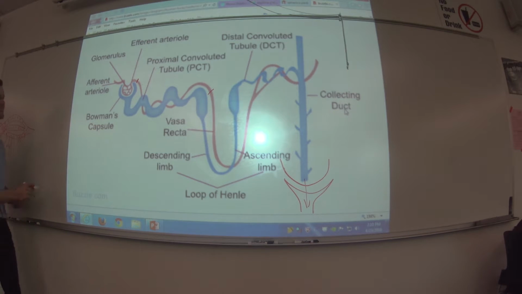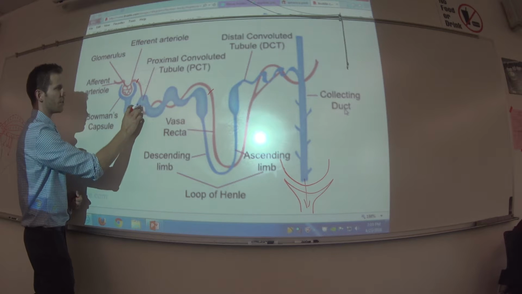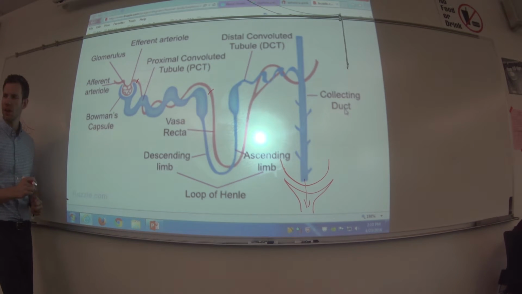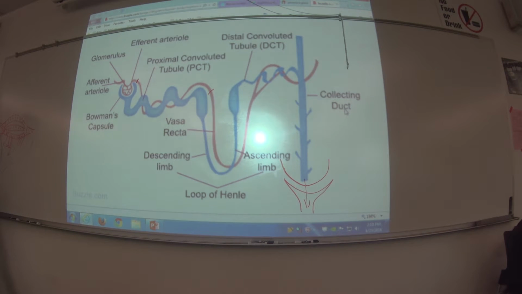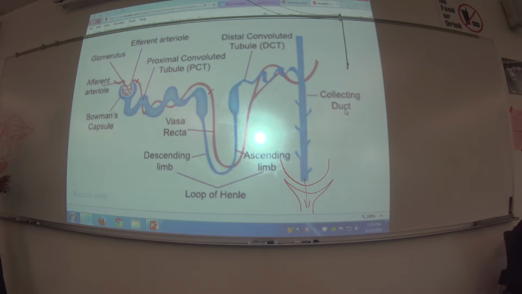So this is a capillary that is most important because it's right next to this proximal convoluted tubule. Did you guys talk about the proximal convoluted tubule yet? Any functional stuff, or just like that's the proximal convoluted tubule? No functional. We'll get to the function in a second. But that is the peritubular capillary. We'll talk about why that's important in a second. I just want to name out the anatomy.